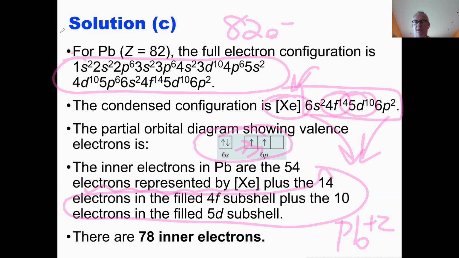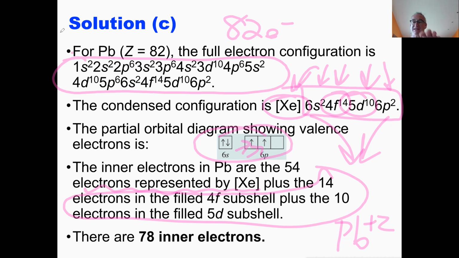No, actually, because remember, there's a difference between energy and distance from the nucleus. So the order that you probably see on your particular periodic table would have the 4f first, and then the 5d, and then the 6s, 6p. This is given in terms of energy.